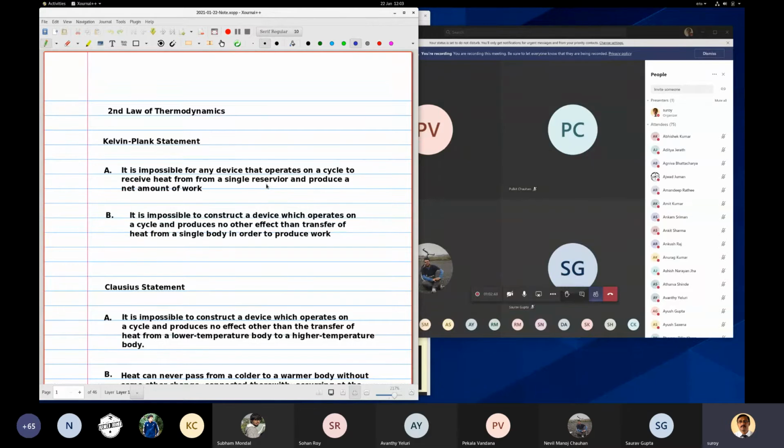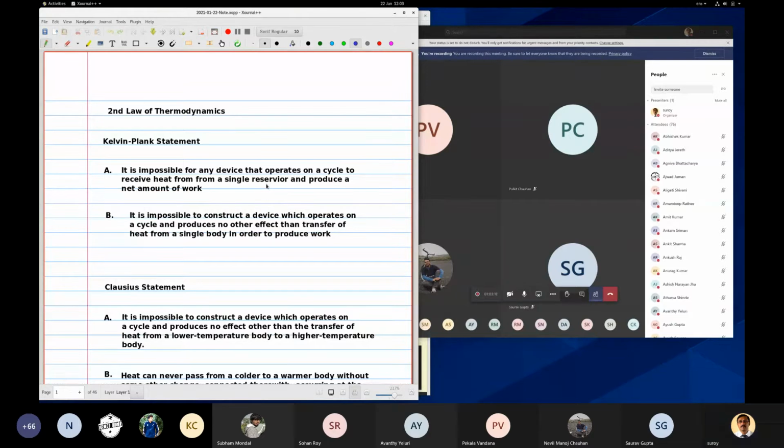Say for example, if I have two bodies in contact, one at a high temperature and one at a lower temperature. Now suppose I say that heat does not flow from the hot body to the lower temperature body, but heat flows from a lower temperature body to a higher temperature body.